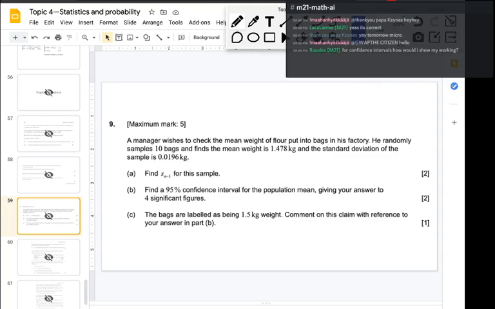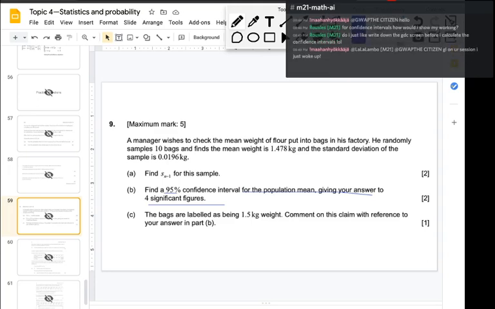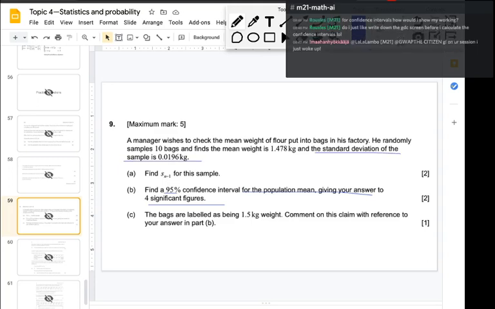For the 95% confidence interval for the population mean, giving your answer to 4 significant figures, you use the t interval because they don't say that it's normally distributed, and it gives you the sample standard deviation. So the key for determining if it's a Z or T interval is the standard deviation, or whether it says it's normally distributed or not.